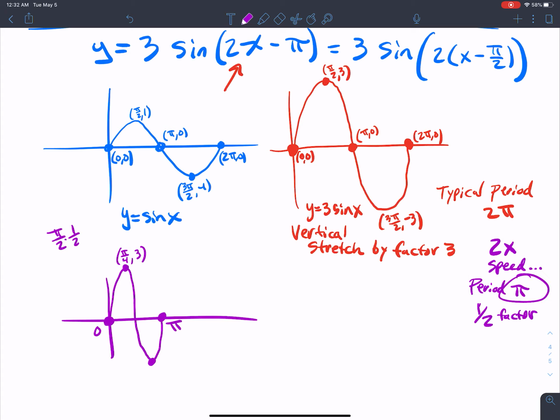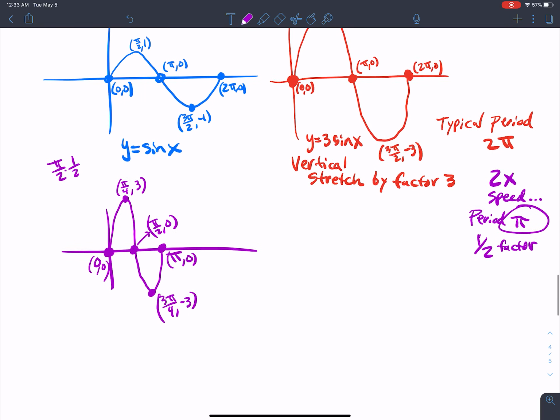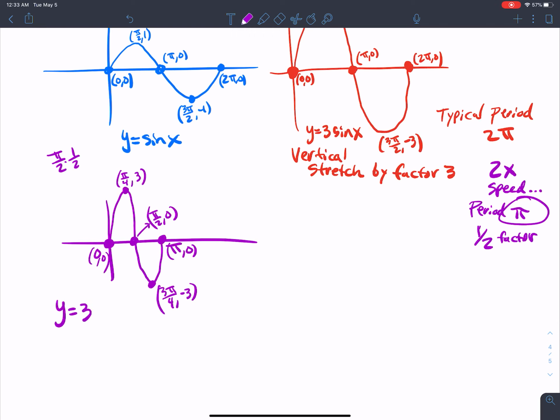Okay? So instead of 3 pi over 2 down here, it's half of that, so it's 3 pi over 4, comma -3 down there. All right, and so right there, that's pi over 2, comma 0. All right, now this graph is y equals 3 sine of 2x. Okay?